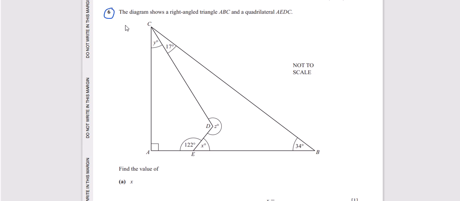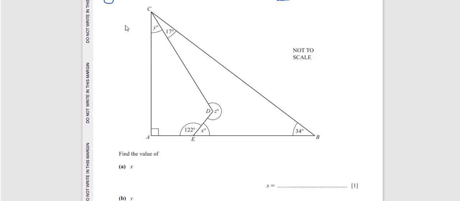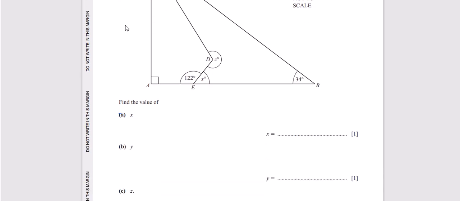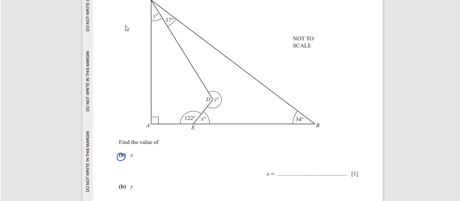Question number 6. The diagram shows a right-angled triangle ABC and a quadrilateral AECD. First question, part A, find the value of x. Here is x. We know that x is on a straight line. Mark this angle.